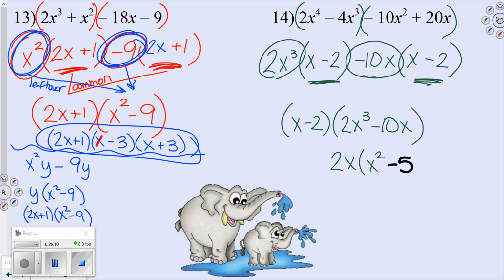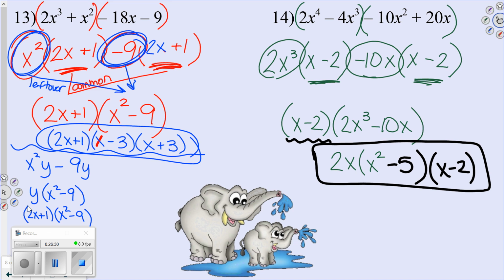Minus 5. And then, where should I put that? I still have it. What should I do with it? Would it be weird if I put it here? It'd be a little weird because of that. Can I put it on the end? Is that okay? Does the order matter when I multiply? No, it doesn't matter. You can put whatever order you want.